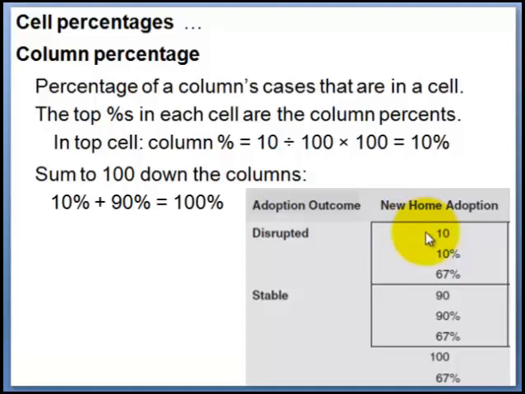What percentage of the column's cases are in this top cell? So we take 10, we divide by the column total, then multiply it by 100 to convert to a percentage, and that is our 10%. And again, you see the summing to 100 down the column, which defines this as a column percentage.